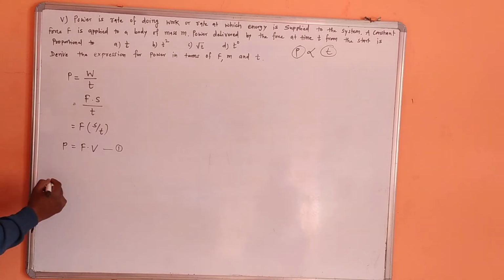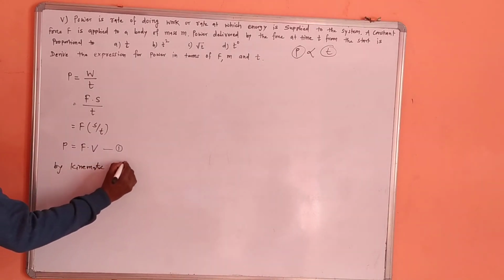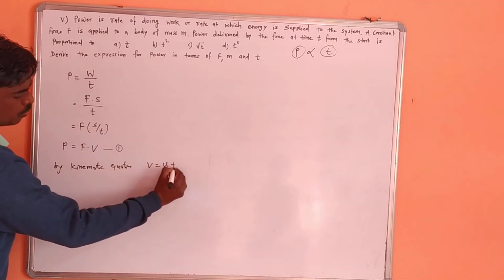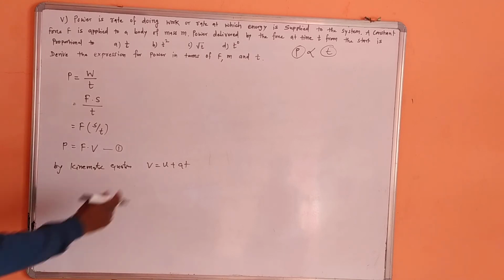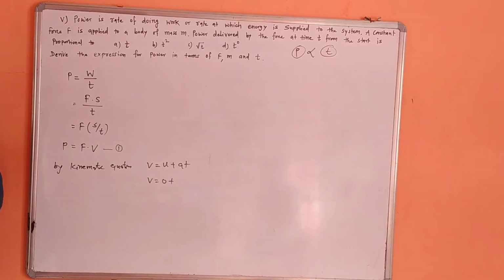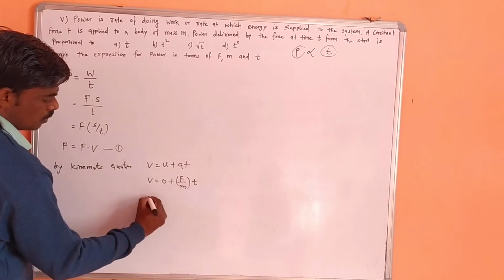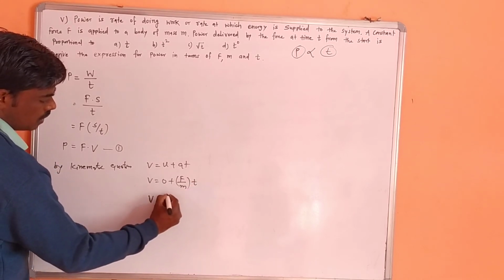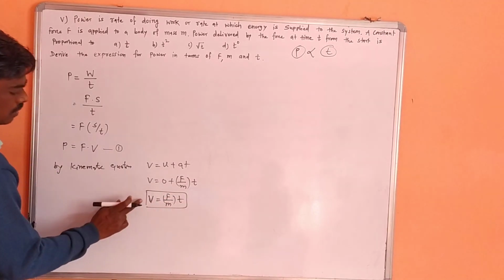So for that purpose, we have to use kinematic equation. By kinematic equation, first equation we will use V is equal to U plus AT. If the body is starting from rest, U becomes 0. And we know that A is nothing but F upon m. So the velocity in terms of F, m, t becomes V is equal to F by m into t.